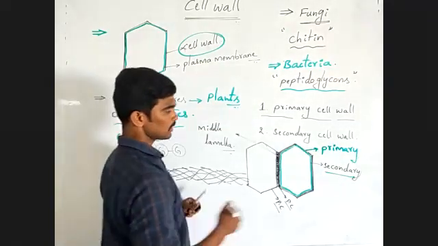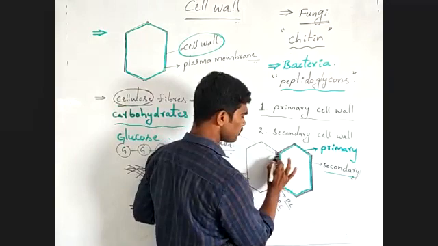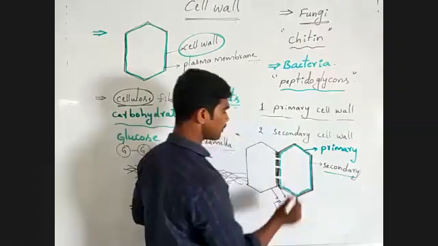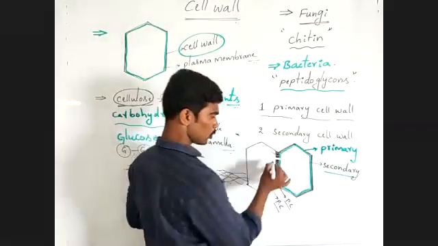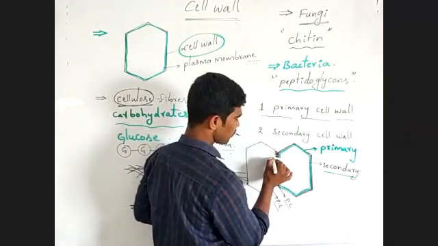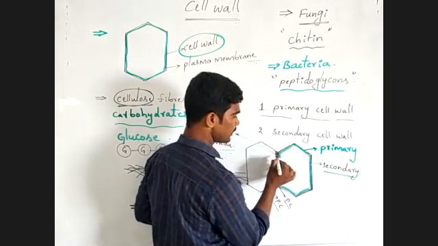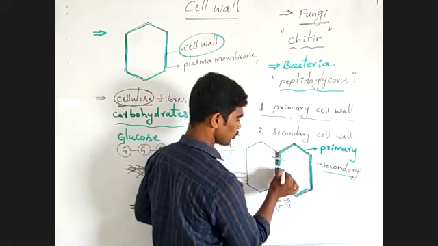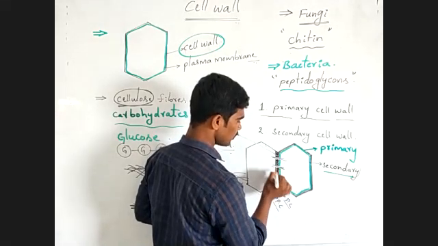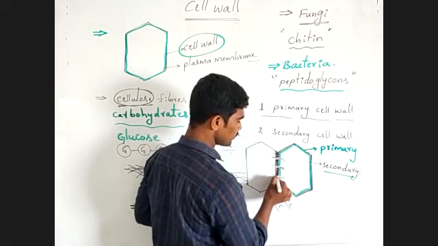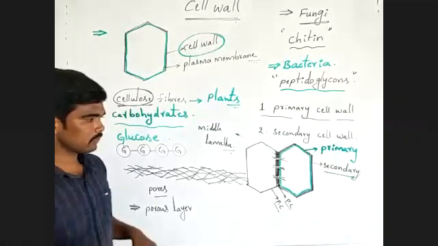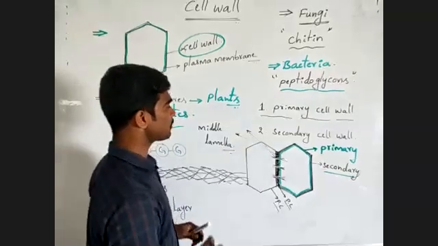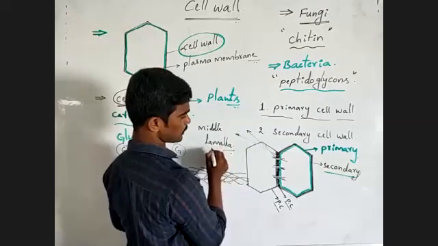Next, other structures: in the plasma membrane, here and there, small gaps are present. Through these small gaps, cytoplasmic connections are made between the two adjacent cells. These small gaps are called plasmodesmata.